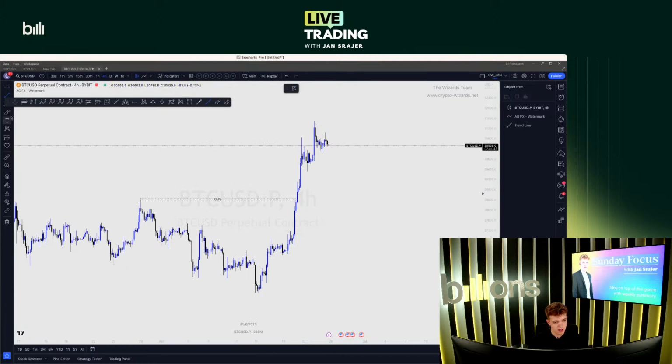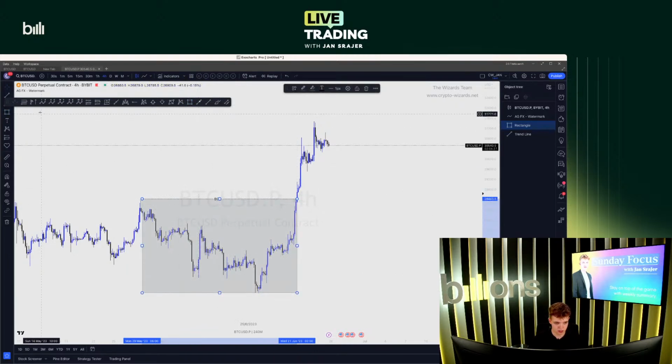A small tip for you on how you can find the low. I'm going to use this box, this rectangle, and pull it from the start where the line started to the right side here, and now I'm just going to select the lowest point of this box, which means right now this becomes the strong swing low.